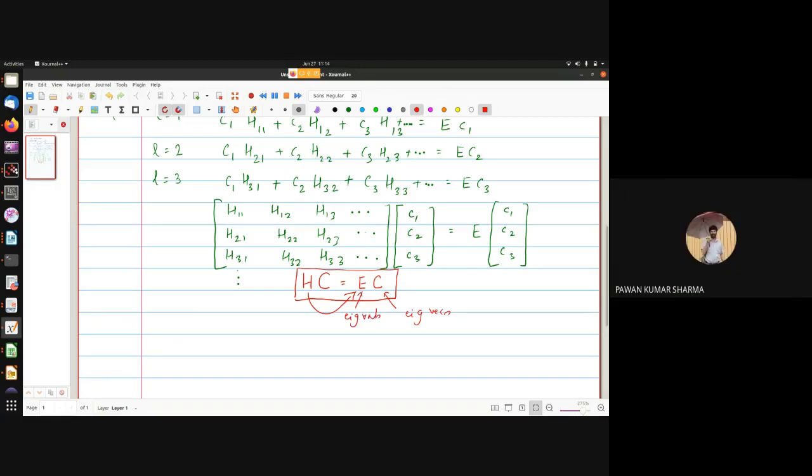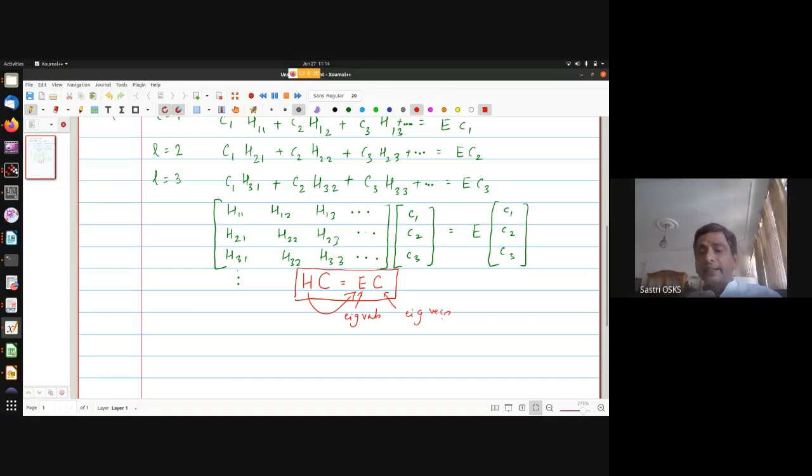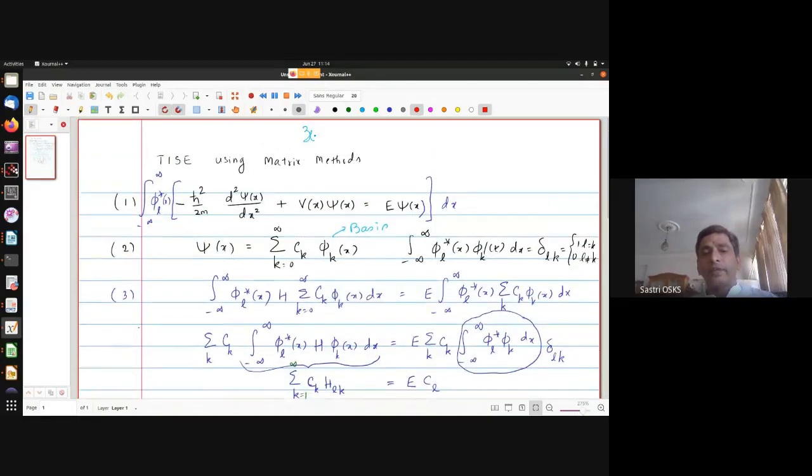Agree to this? Yes. Yeah, but the eigenvectors are not the wave functions. Be careful about it. The wave functions are psi. The solution that we are trying to solve here is this equation, H psi equal to E psi. Psi is the wave function, not C. So that is only the eigenvector.